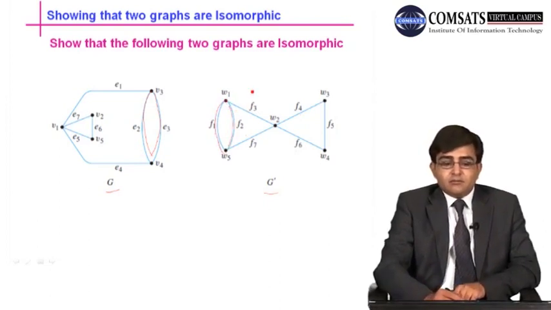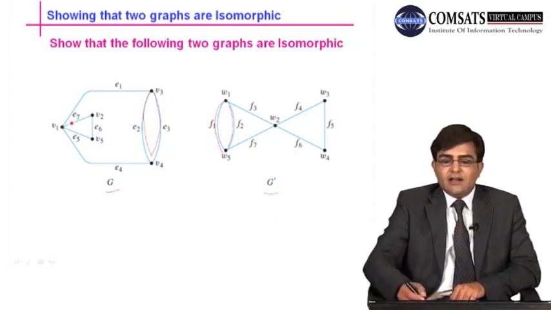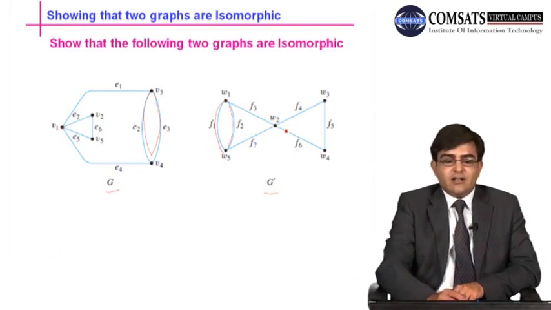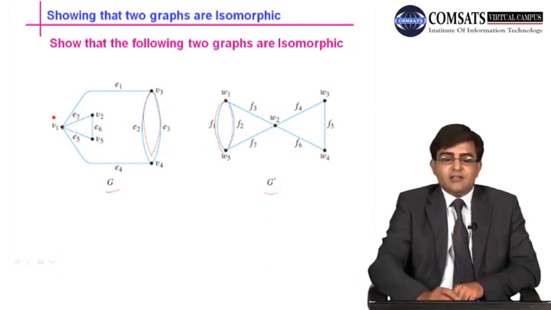And then, for example, V1 has degree 4, and we find a vertex here which also has degree 4. W2 is the vertex which has degree 4. So V1 must be transformed to W2.